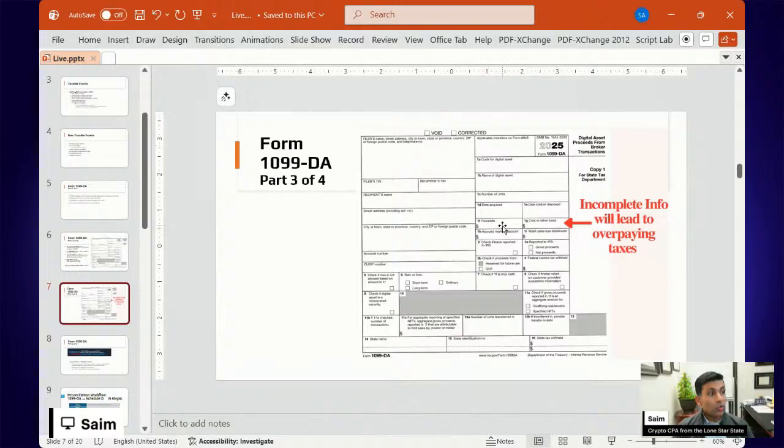Most of these, by the way, in the first batch of 1099-DAs, the government has exempted the centralized exchanges from putting a number in this box. So this year, most likely this box will be empty. This is something that they're doing intentionally. And next year, you will have a number in this box. Why? Because they want to reconcile this data as much as possible.